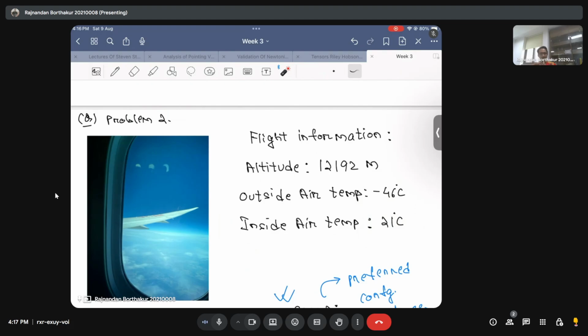That's typically the idea why you require to minimize the heat loss that takes place from inside the body of the aircraft to the surrounding air of an aircraft.